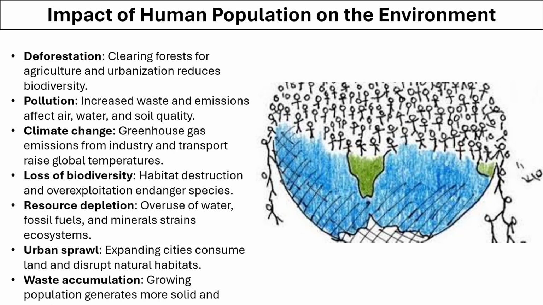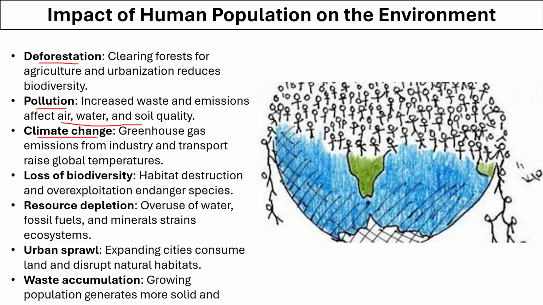There are several activities of human beings that impact our environment. For example, deforestation, in which we clear agriculture areas and forests for establishing urban cities. Pollution is created by the use of vehicles and setting up of industry, in which we end up polluting air, water, and soil quality.